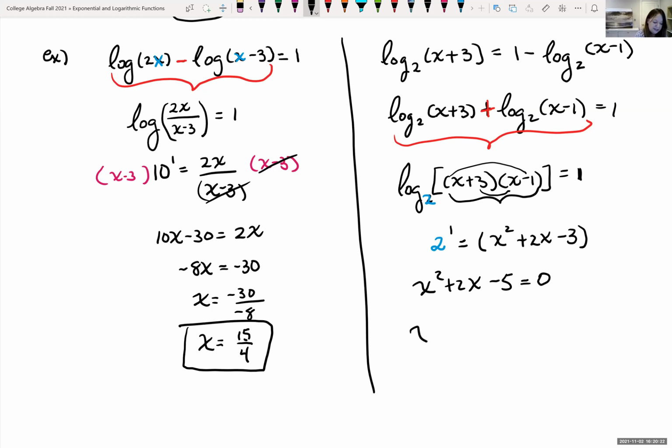So we have x is equal to negative b, so negative 2 plus or minus the square root of b squared, which is 4, minus 4 times a, which is 1, times c, which is negative 5, all over 2a, so 2.